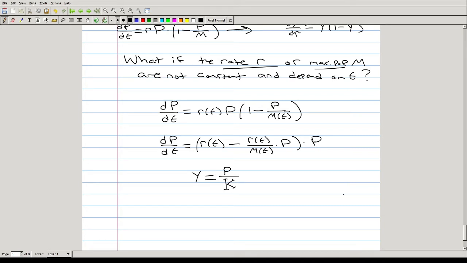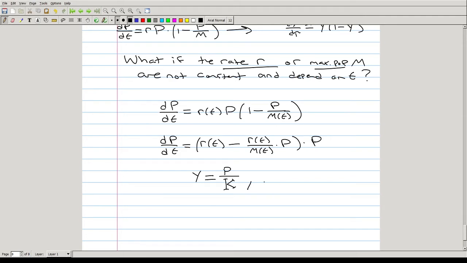It could be a number of different things, but we have to choose some K which is a characteristic population value, related to the units and the fundamental population size of the problem.